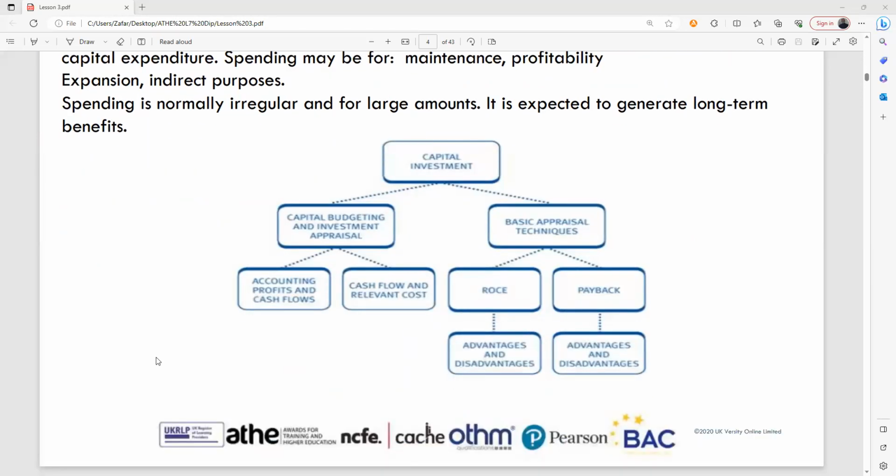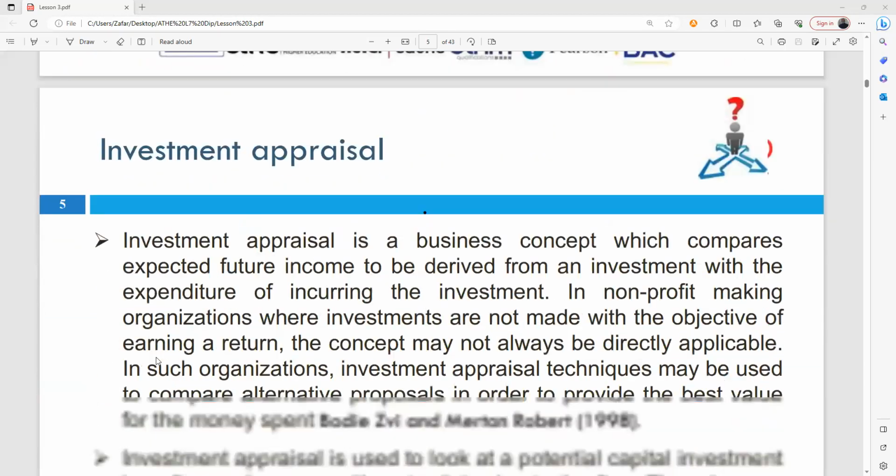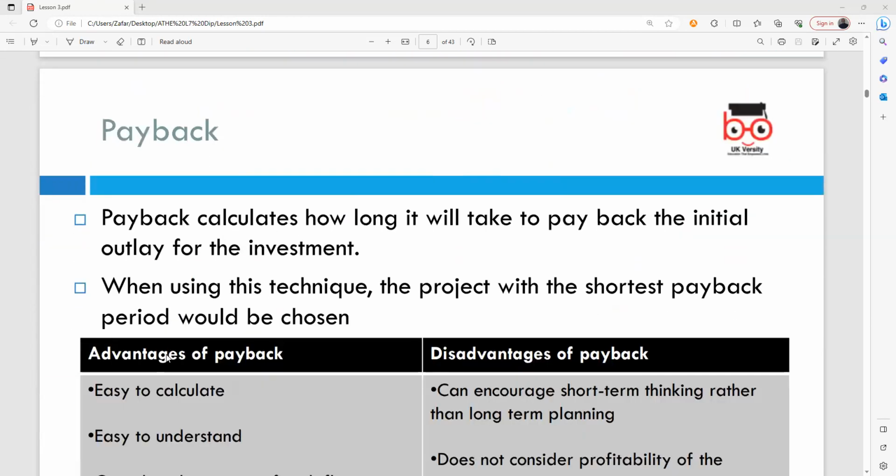And then we want to know the different methods of investment in capital expenditure. There are different methods. Number one, for example, is the payback method. What it means is how long this project will take you to recover the initial amount of investment.